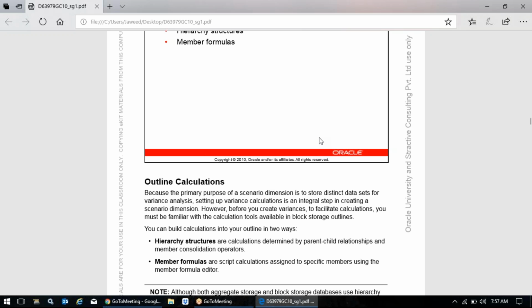Not really. Okay, so this is a good time. Let me give you an example. Now you want to calculate, so you want to multiply the actuals by 3 times and store it in the budget scenario for the account sales, for the year 2018.